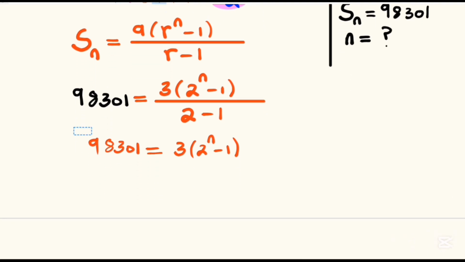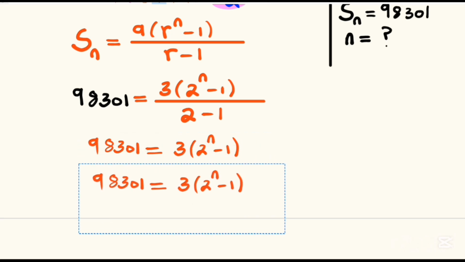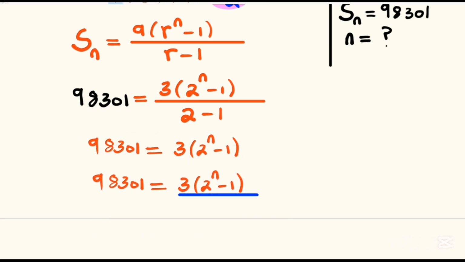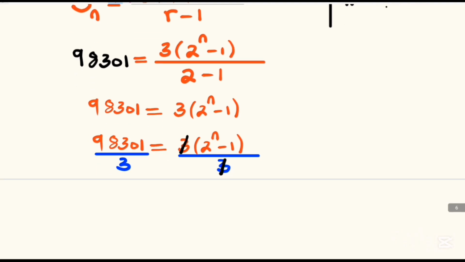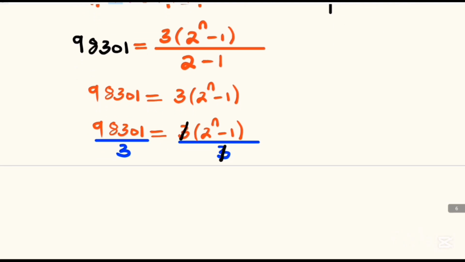We divide both sides of the equation by 3. And 3 divided by 3 will be equals to 1. So the 3's will cancel out, and we have 98,301 divided by 3, which is equals to 32,767.